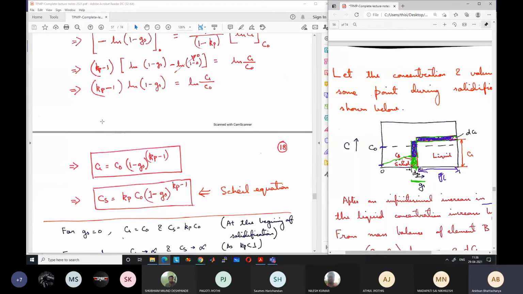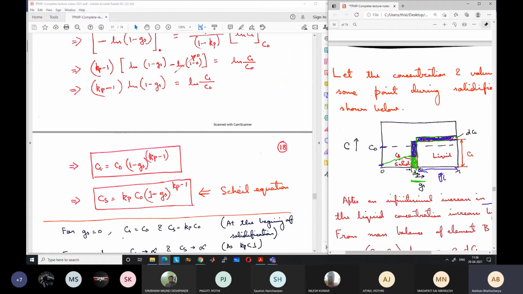You can just do this, it's just algebraic calculation. Or if I remove the logs, we are left with Cl is equal to C0 into (1 minus Gs) to the power Kp minus 1. Okay, because this Kp minus 1 was outside the log, it has come as a power.